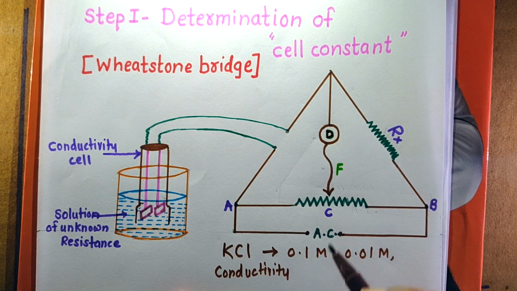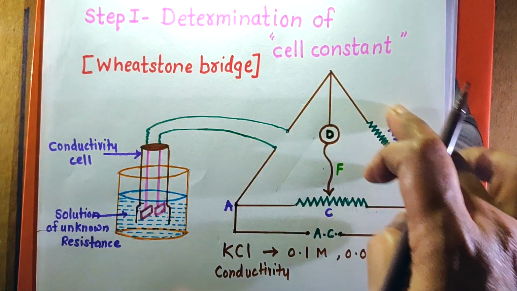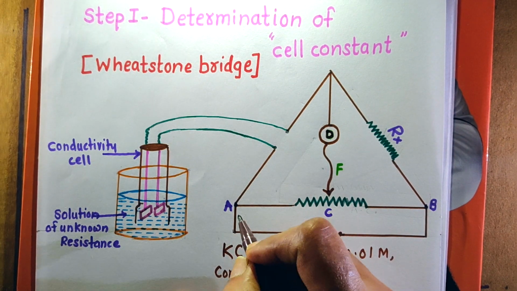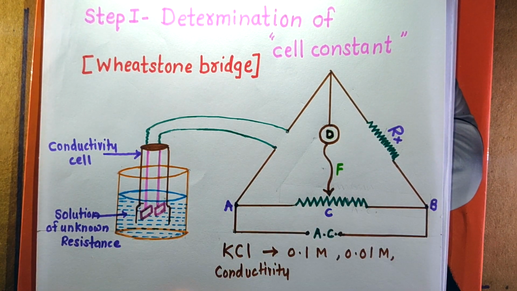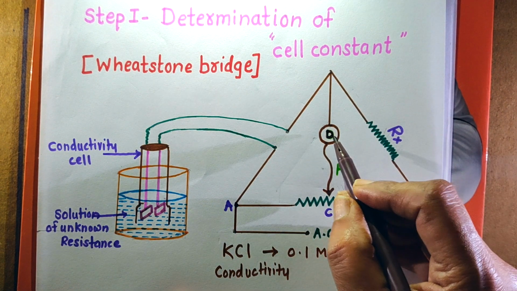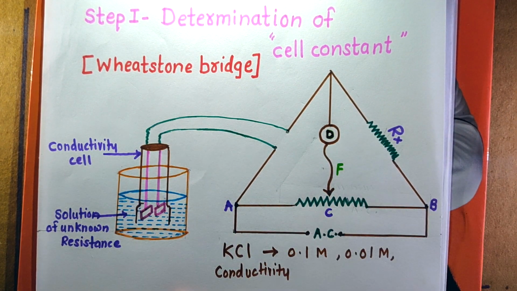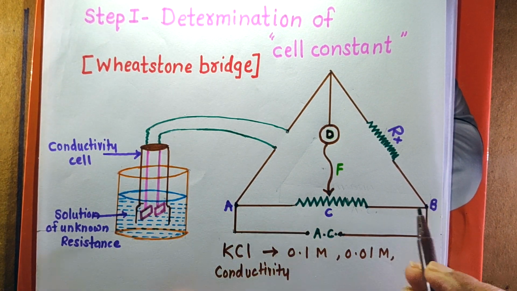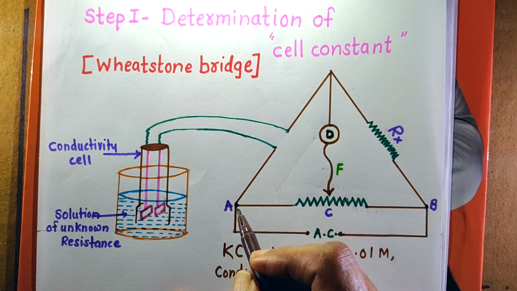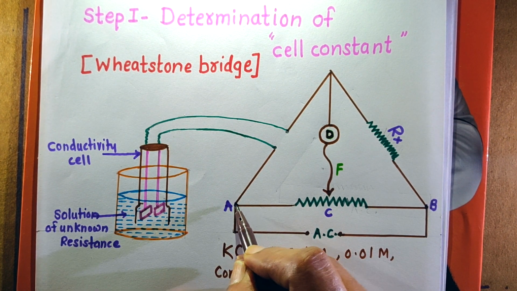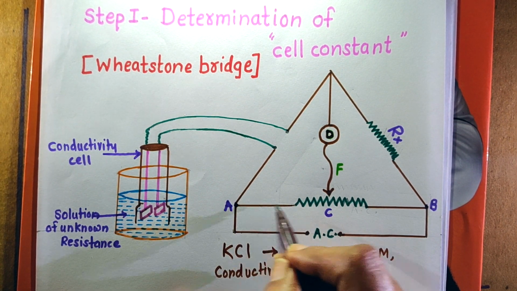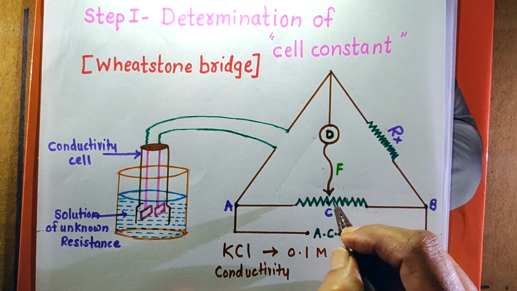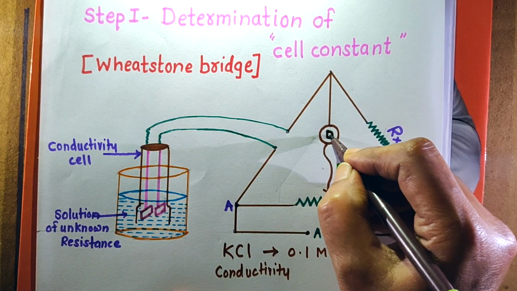Now in this experiment, what we have to do, this is the arrangement, remember. Now here this is the jockey. First this jockey is kept on point A. Here in this galvanometer you can see the deflection. Now this jockey is moved from left to right, that is, from A to B. Here we are going to move this jockey from the point A to B, and find one point at which there is no deflection in the galvanometer.